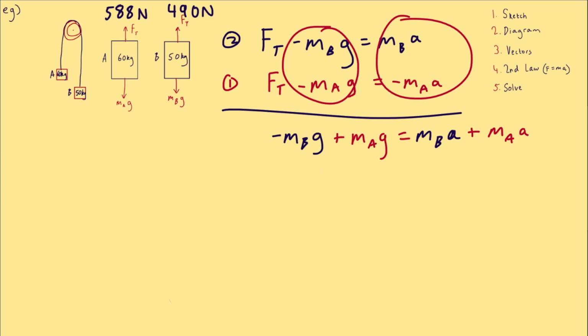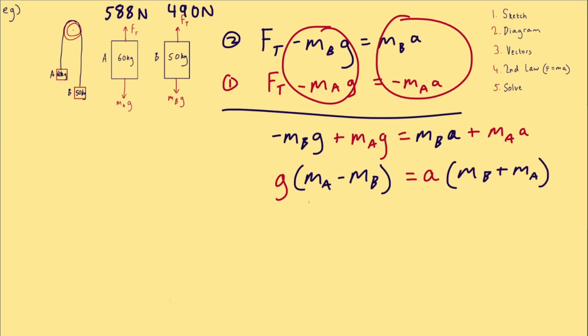We are combining two equations for these two free body diagrams into one equation, which describes the motion of the entire system. Then we apply the second law and find acceleration. That's kind of the big picture. Let's keep solving. We're going to do some factoring. So g factors out, and here, acceleration factors out.